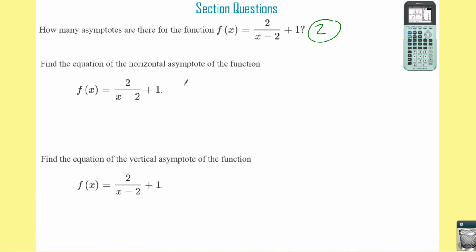Okay, the equation of the horizontal asymptote. So that's going left and right. So think about it, horizontal, left and right. So that's extreme values, so plug in a billion. That's the Bill Gates rule.